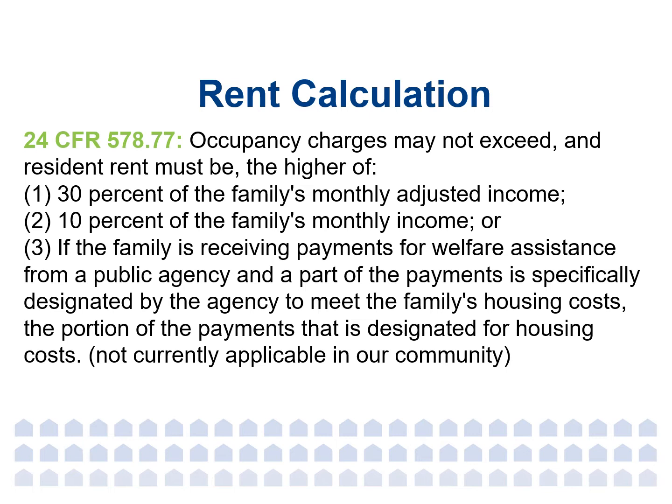The third situation is currently not applicable to our community, and it would be rare for 10% of the gross income to be higher than 30% of adjusted income, but the rental determination form that most of our community uses automatically calculates which is higher just in case.